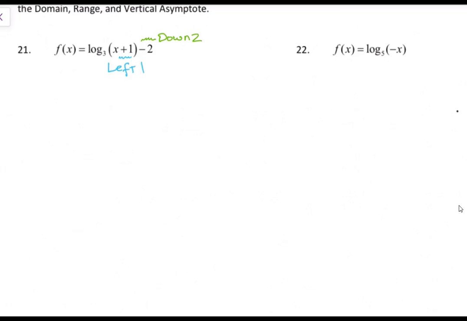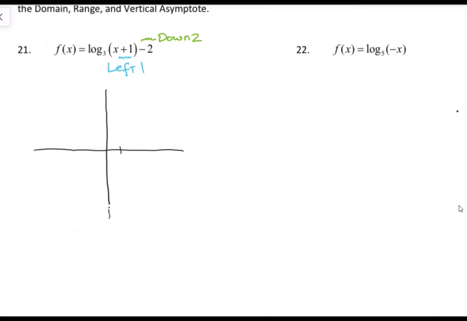So we're ready to sketch this curve. So remember, the two things that we want to move are the x-intercept, which is normally at 1, 0, and the vertical asymptote, which is in the basic shape at x equal to 0, or the y-axis. So let's start with that vertical asymptote.